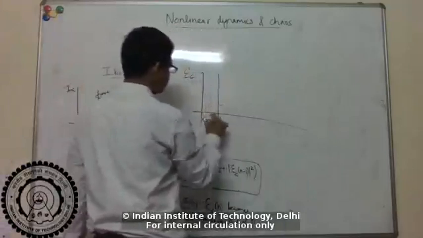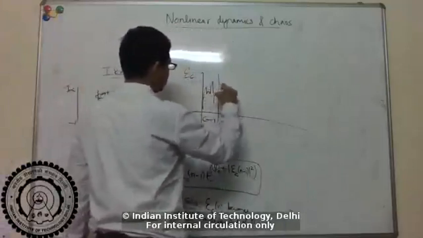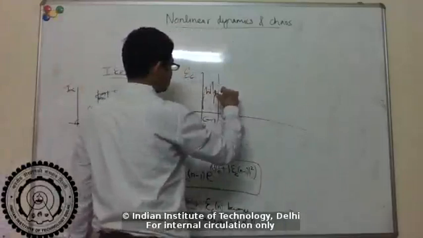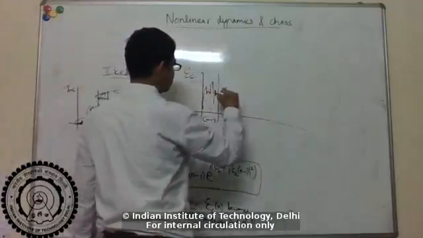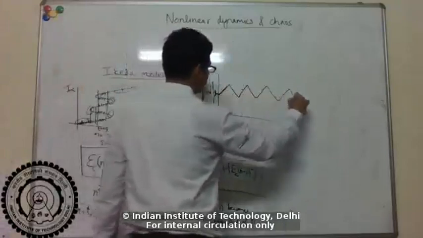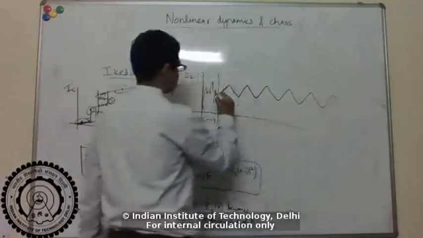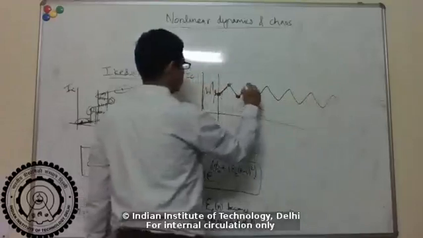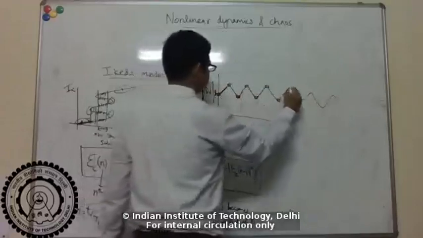Again, we wait for some initial point to settle down, and after that it sort of oscillates between two values.